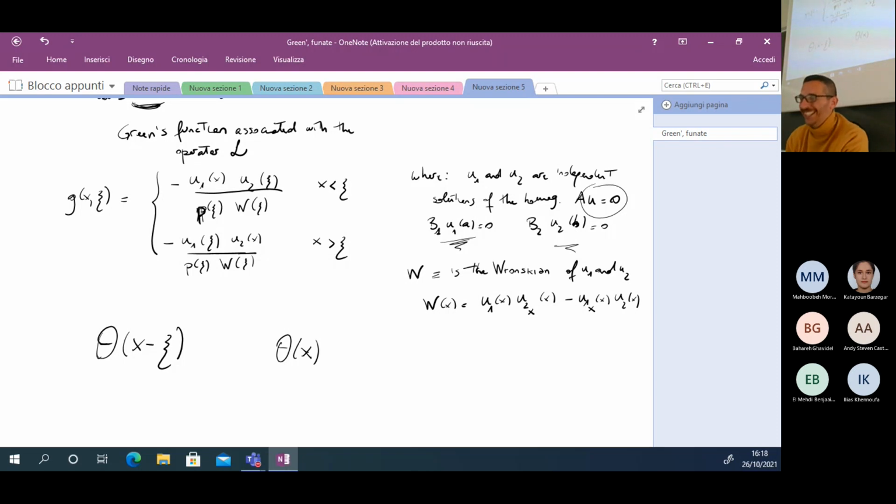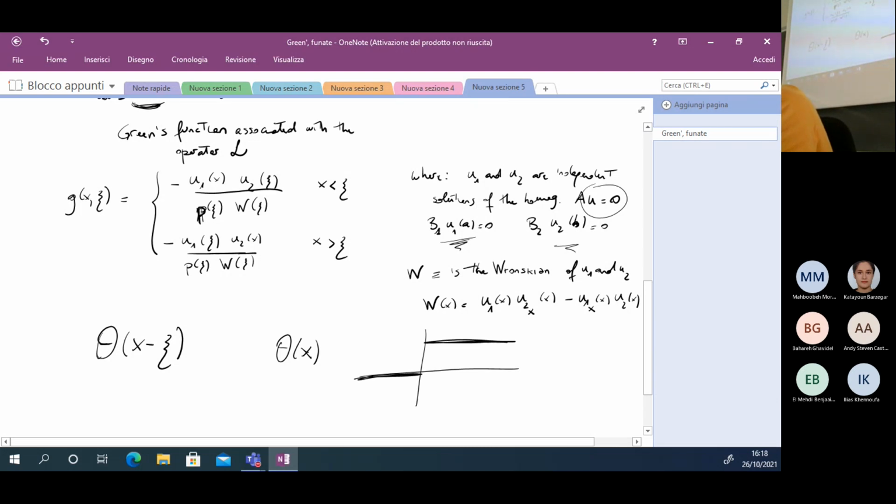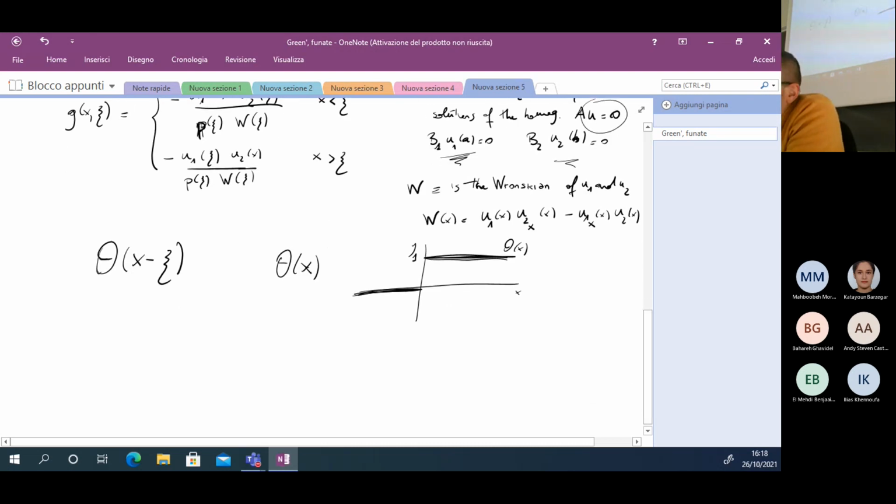So basically this is a function which looks like this: for x less than 0 it is 0, for x larger than 0 it is equal to 1.